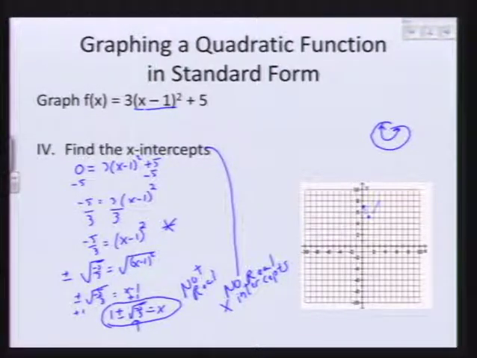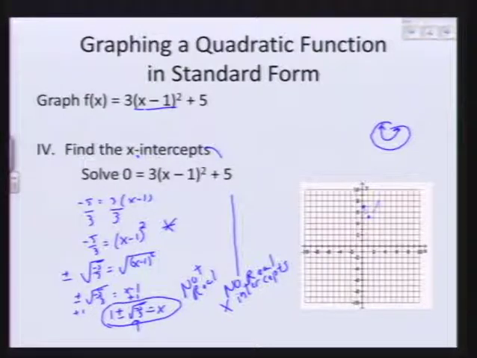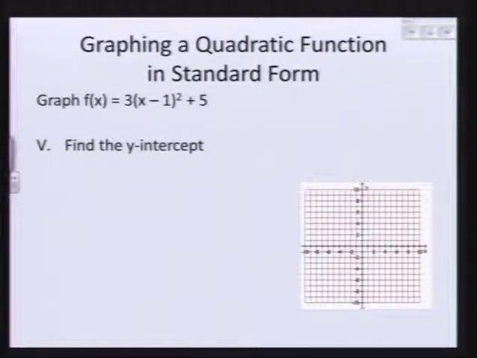All right, so let's go ahead and do that. We've already solved that. Okay, so again, we have 1, 5 as our vertex, and so we want to solve for our y-intercept. So our y-intercept is where what? X is going to be equal to 0.